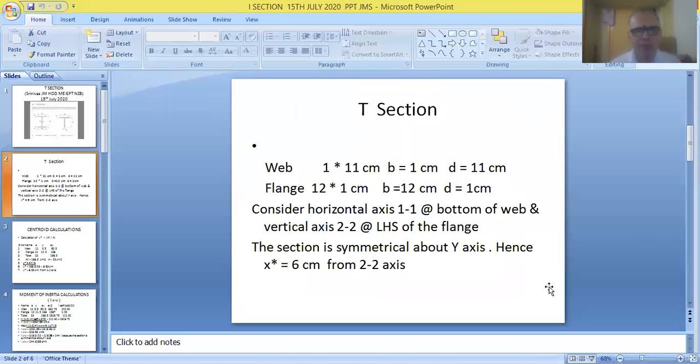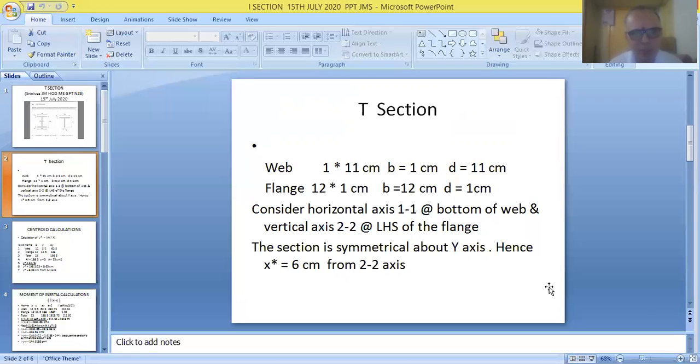So friends, this is the way of getting the first answer without doing any calculations, because by God's grace it is symmetrical about the y-axis, so it can be obtained as a direct figure. You take the total horizontal distance, 12 centimeter.